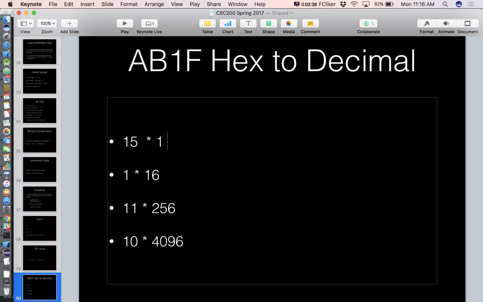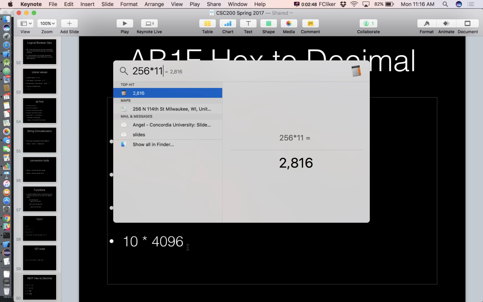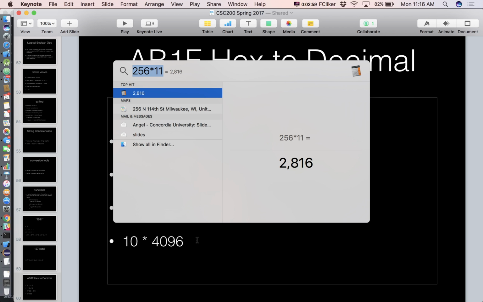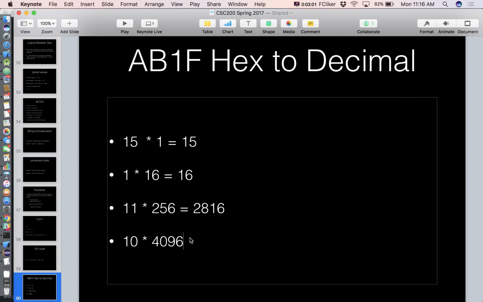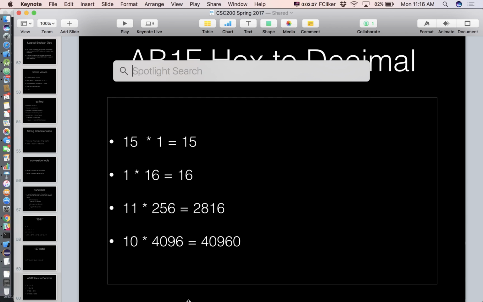All right, so this is a 15. This is a 16. That's a 2816. And this should be 40960. Like that. Then we add all those guys together.